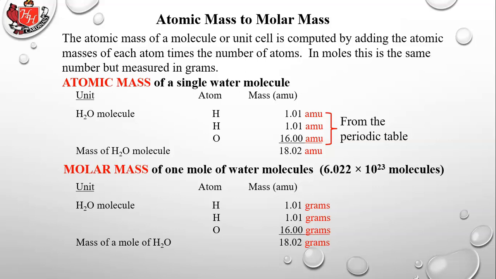But if we know we have 18.02 grams of water, we have to know two things: exactly what it weighs in grams and what the substance is. It has to be pure water. It can't be mixed with anything else. As long as we know we have pure water and that we have 18.02 grams, it means we know we have exactly 6.022 times 10 to the 23rd water molecules in our container.